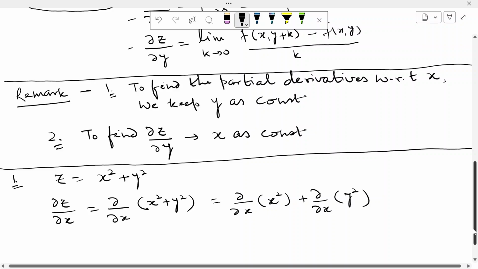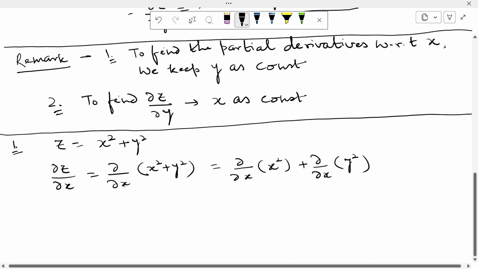Now because we are performing the differentiation with respect to x, we consider y as constant, so the derivative of y square is 0, and the differentiation of x square with respect to x is 2x. So this simply comes out as 2x.